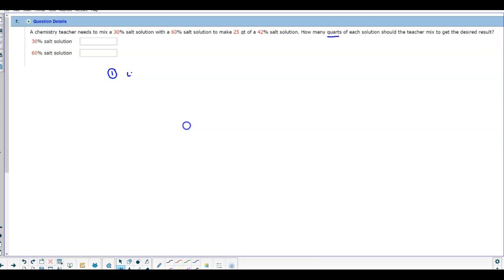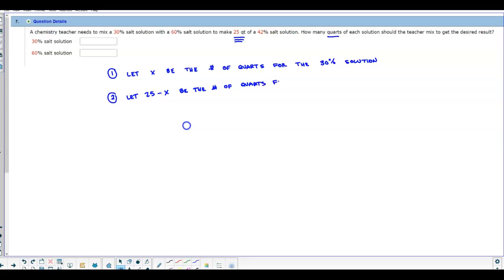Okay, we can let x be the number of quarts for the 30% solution, and therefore, since we know that there are 25 quarts total, we would say 25 minus x would be the number of quarts for the 60% solution.